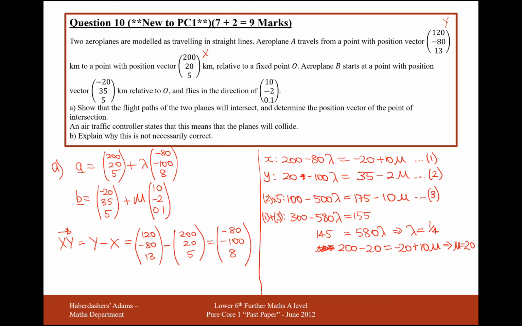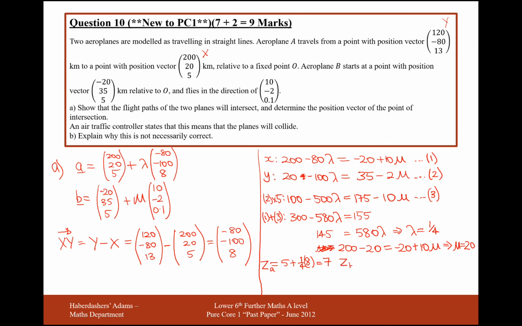So what I now need to do is, at the value lambda equals 1/4 and mu equals 20, my x and y coordinates are equal. But for the two flight paths to intersect, I need to check that the z-axis is also going to equal each other as well. So for A, let's call it z subscript A, I need to do 5 add 1/4 of 8, which is going to be 7.